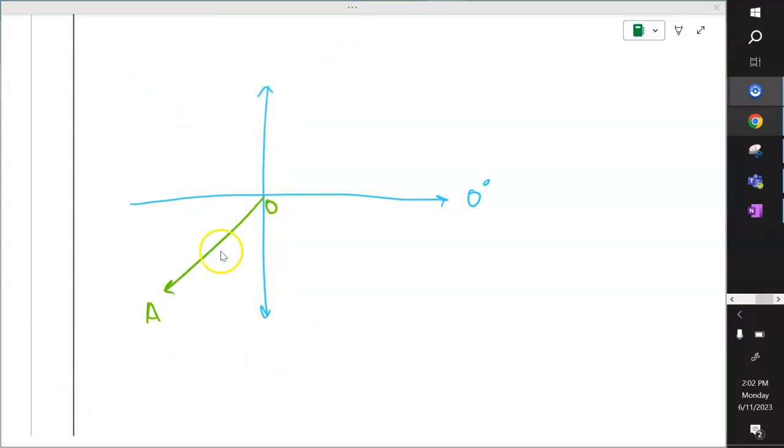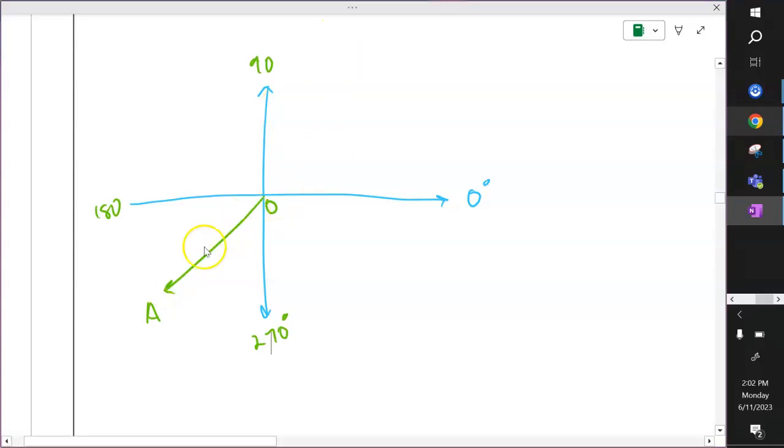The only other thing I want to add in there for my notes is that if we were finding the direction of a vector, what we want to think of is basically our coordinate plane, but we're looking at 0 and moving around to 90, 180 and 270. So if I had my vector OA, if I wanted to find the direction that it sat in, we would be starting from this point here at 0, but thinking of the 0 degree line, or the x-axis, being our 0 point.